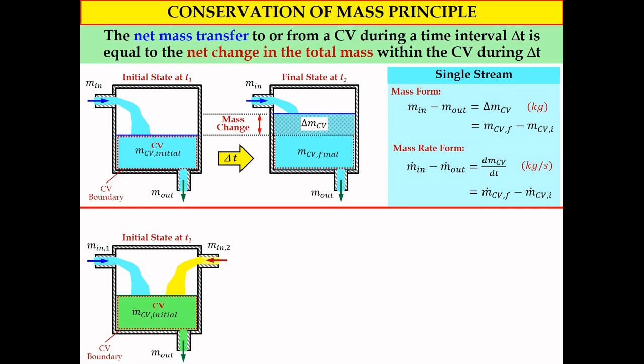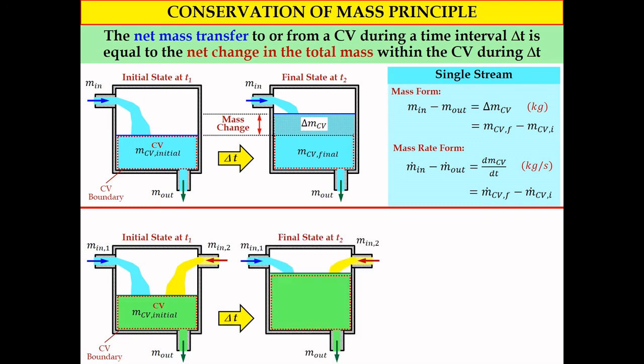The mass of the control volume we refer to as the mass of the control volume at the initial state. After a certain period of time, we have an increase of control volume mass, where we have continuous mass in at inlet number 2 and continuous mass out at the outlet.